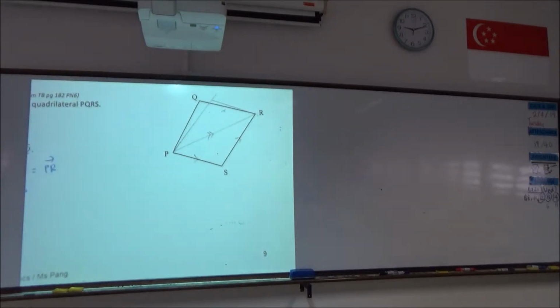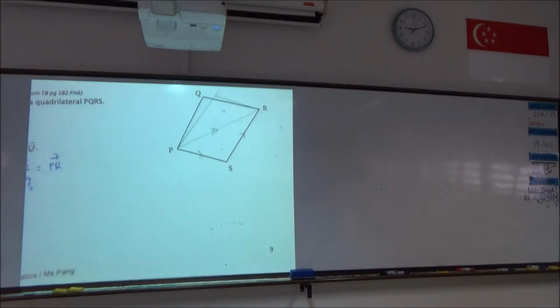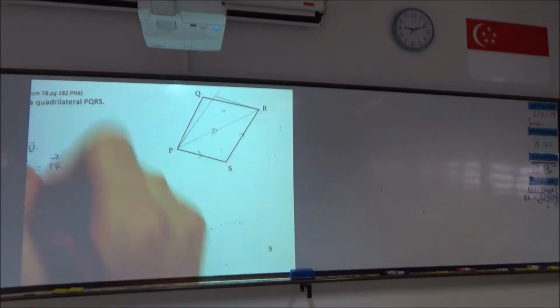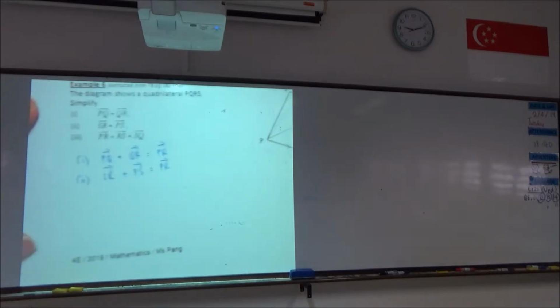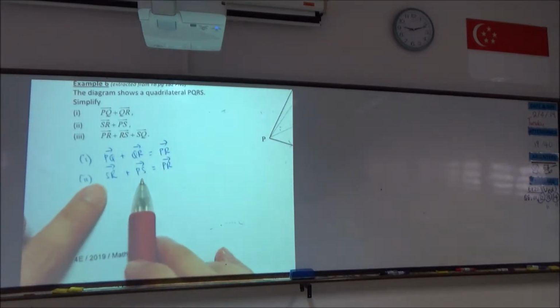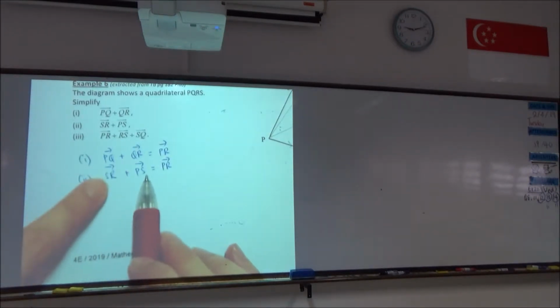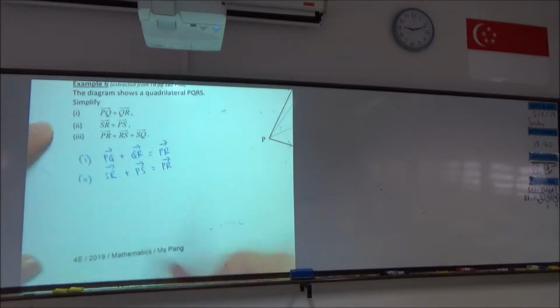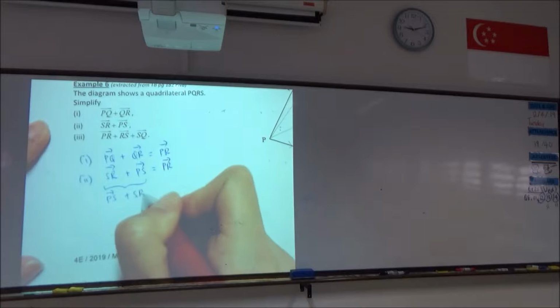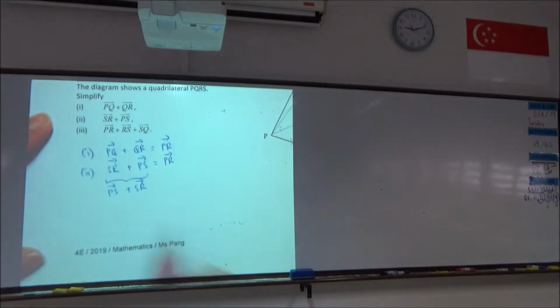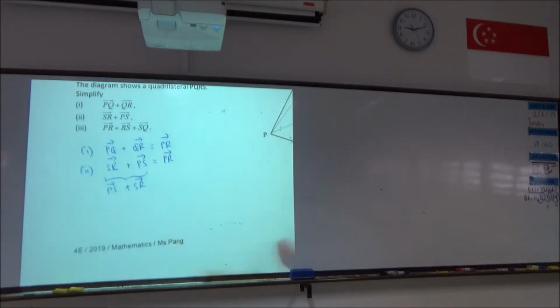But what we can also observe is, if there is no diagram given to you, then how? We can notice that this allows us to swap around. We see that there is a common point S, so I can swap this around to write it as PS plus SR, so that it gives me the resultant PR.